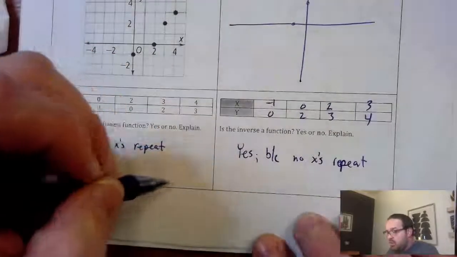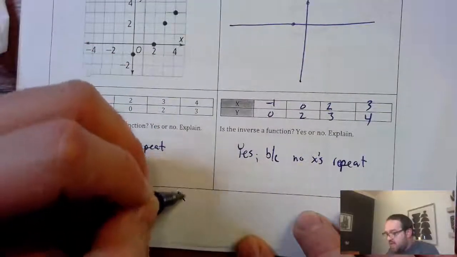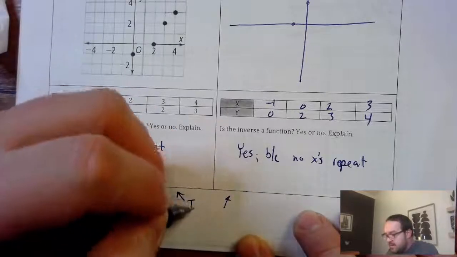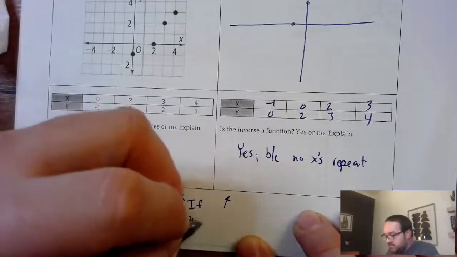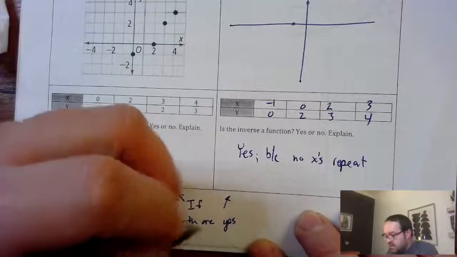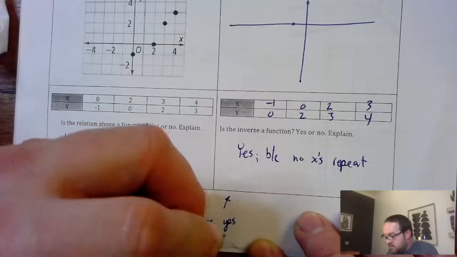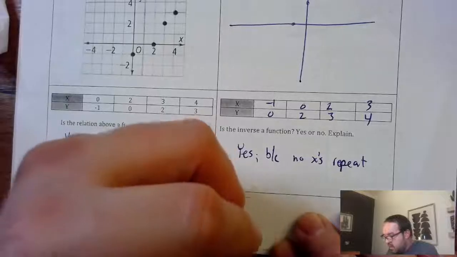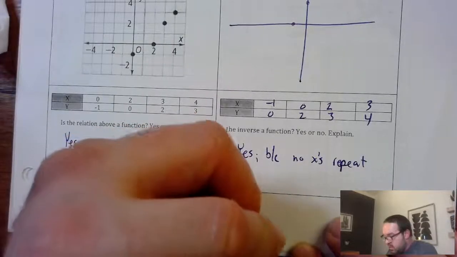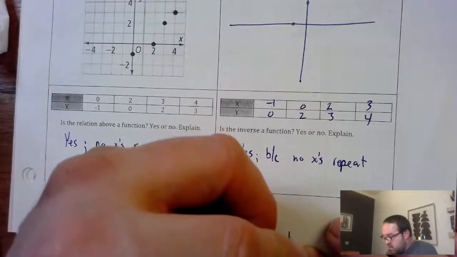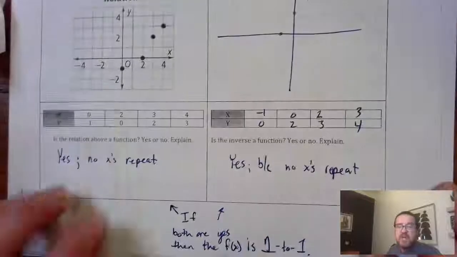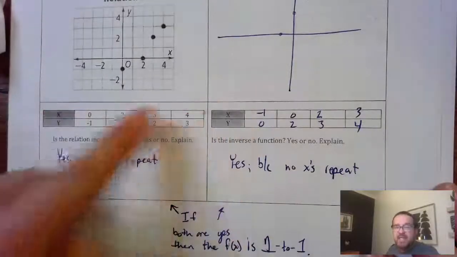So if both are yes, then the function is said to be one-to-one. But the main idea I want you to take away from here is just taking the points and just switching the order.